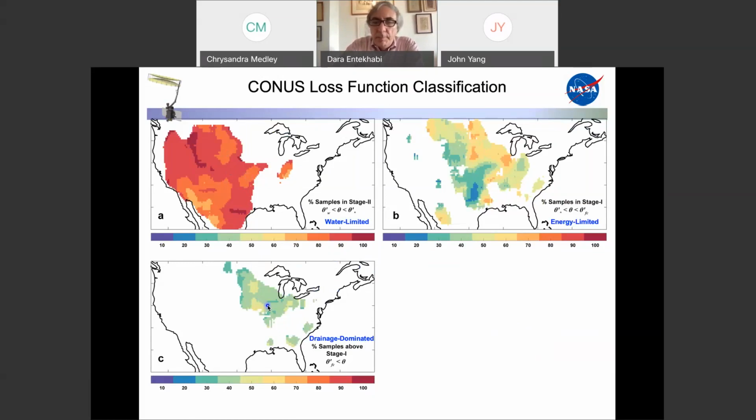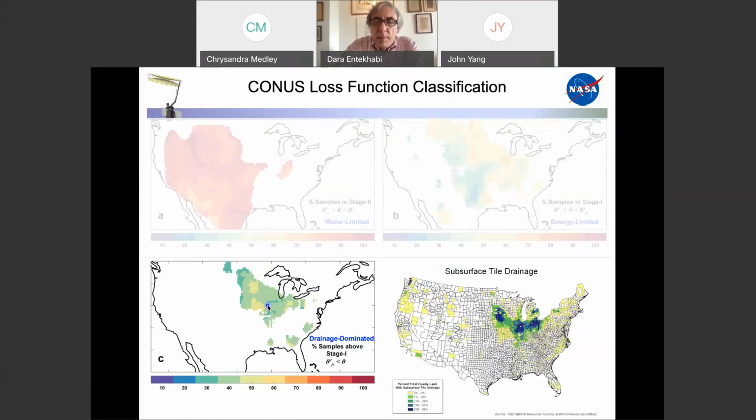Now, here's something I actually found yesterday, which is from this source. It's a map, county by county, using ground surveys of what percentage of each county has so-called tile drainage.